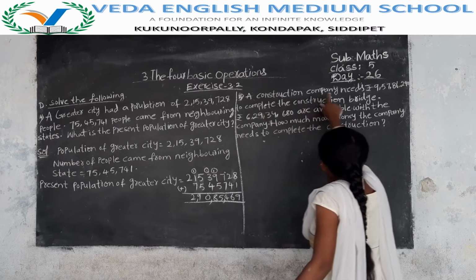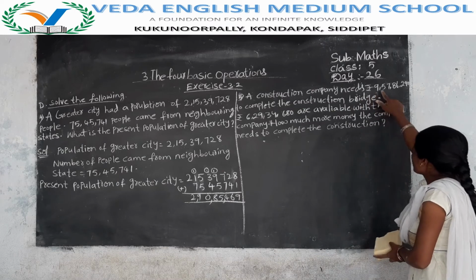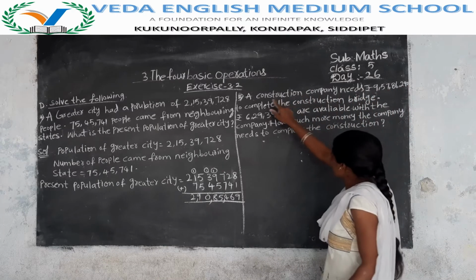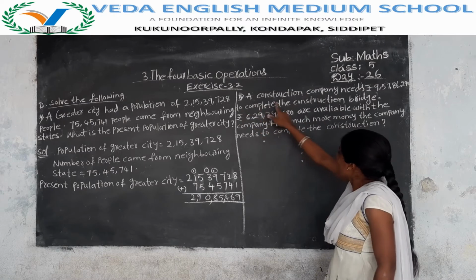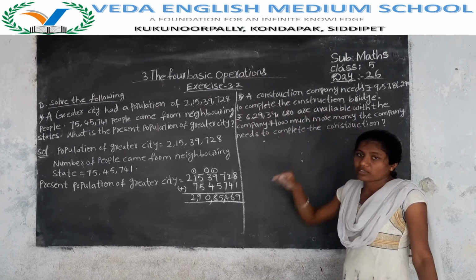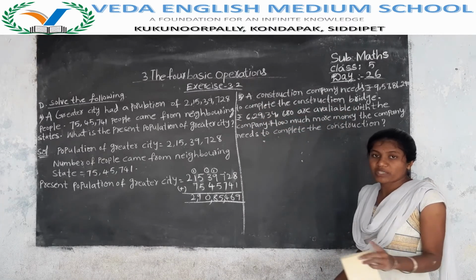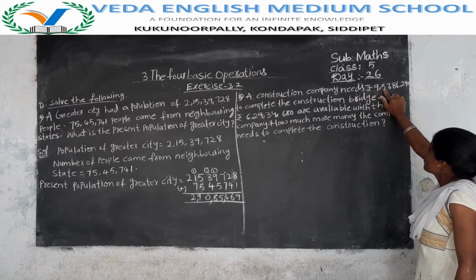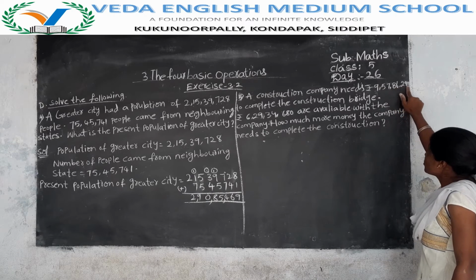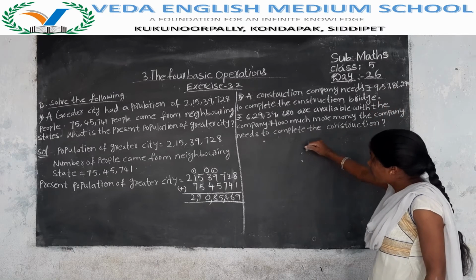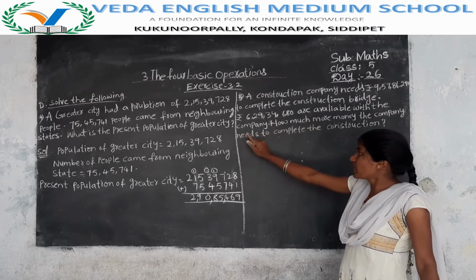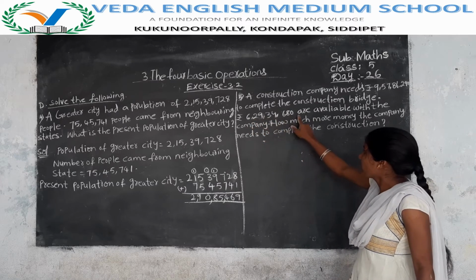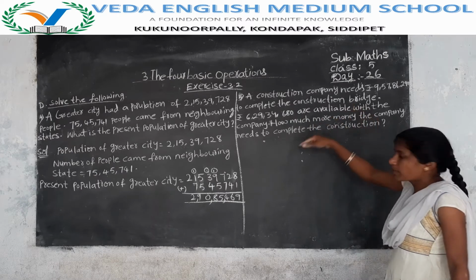A construction company needs 9 crore 57 lakh 86,290 rupees to complete the construction of a bridge. But they have 6 crore 29 lakh 34,680 rupees available with the company.